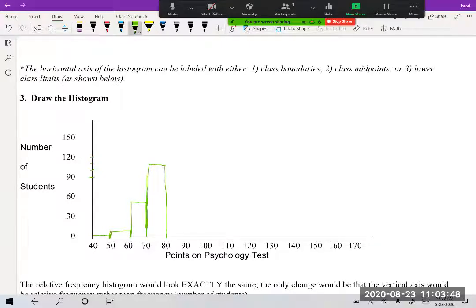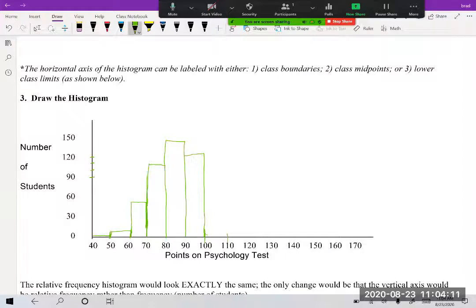And then 80 to 89, we got 147. So that's going to be almost to 150. I'm just going to estimate it to be almost to 150. And then 90 to 99, that's 130. So let's call it right about here.